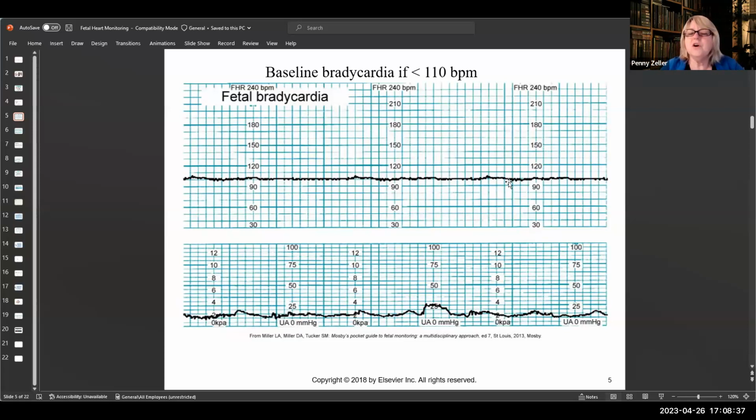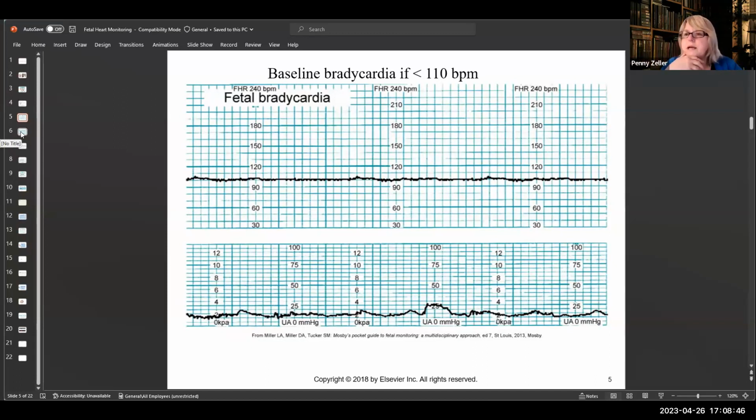There's not much change in the heartbeat. There's no variability here. So that's not a good sign. So you know that if mother has a fever, she's going to be tachycardic. And the fetus will probably have a high temperature as well, and the fetus is going to be tachycardic. So this might be a sign of an infection.